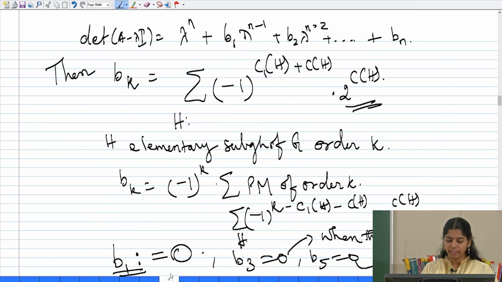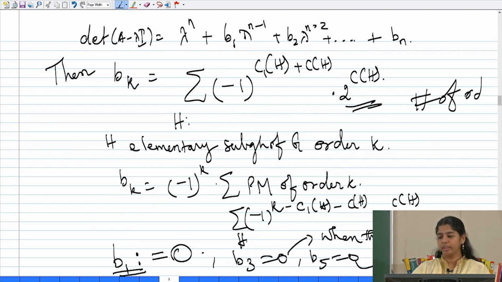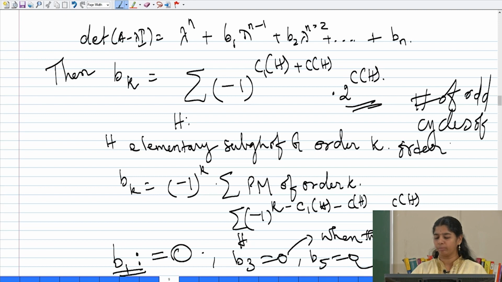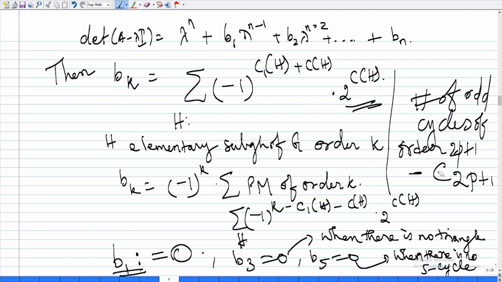If an odd cycle exists, then the number of odd cycles of a particular order, say of order 2p plus 1, is going to be nothing but the negative of this coefficient, b 2p plus 1, divided by 2. It is half of that count, as we have made a double count.